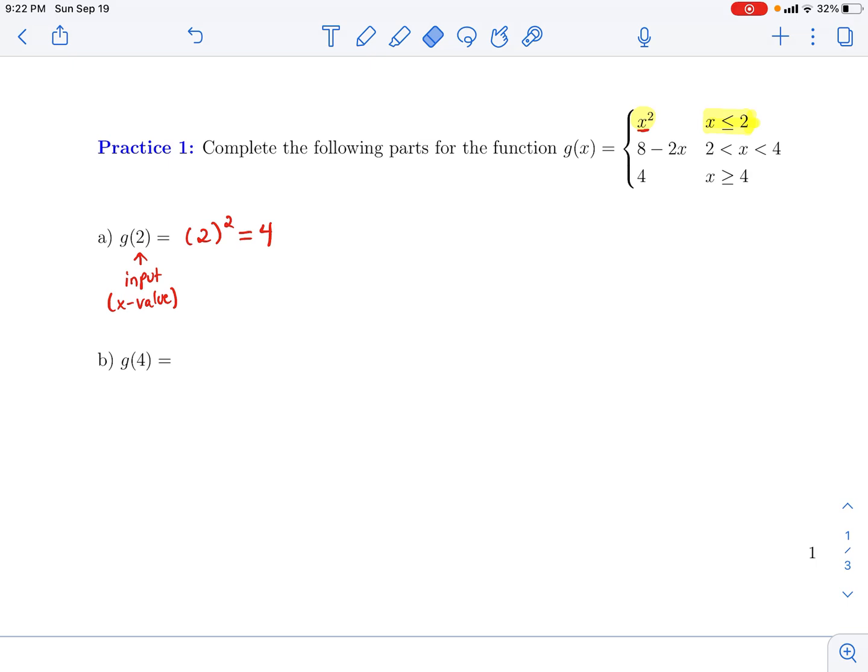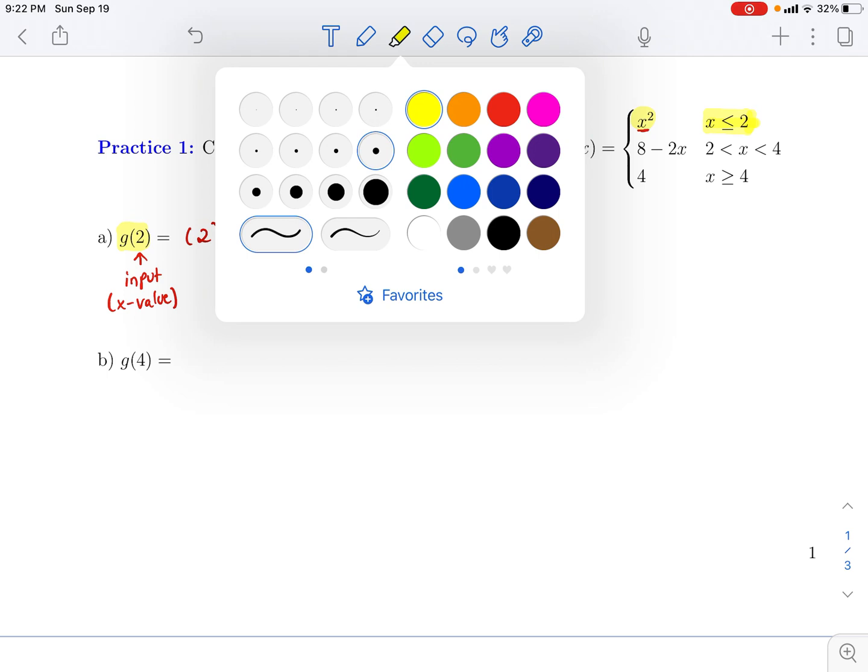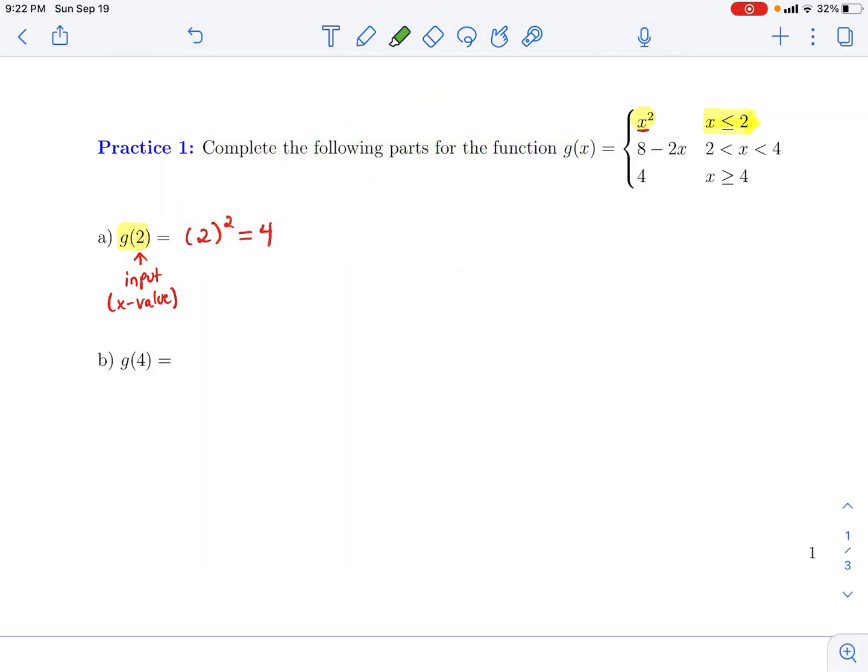Coming back now, looking at these pieces, we saw before that for g of 2 we used what I highlighted in yellow. Now let's find the piece that I need to use for g of 4. I'm going to highlight that in green. At the bottom here, we see that x is greater than or equal to 4, so when x is 4, I'm going to be using this piece. This is just a constant function, so when x is bigger than or equal to 4, my output is always just going to be 4.